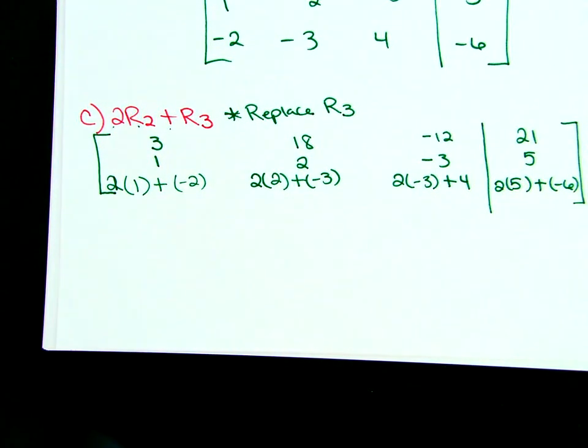The only row that changes is row 3. Yes, we're using the information from row 2 to change row 3, but row 2 does not change.